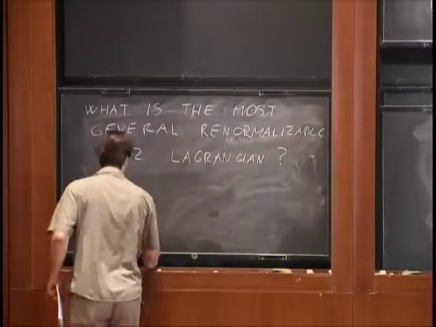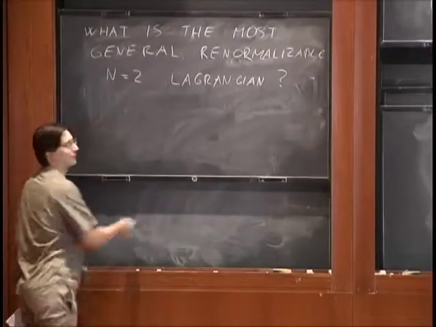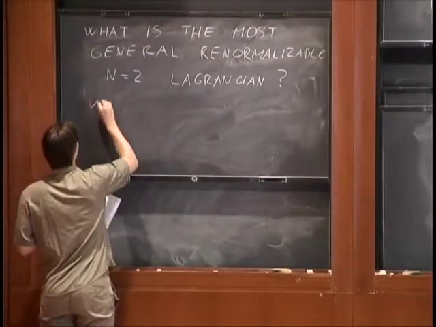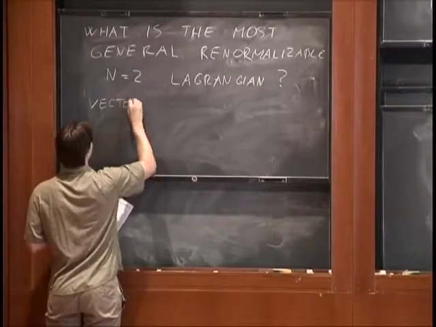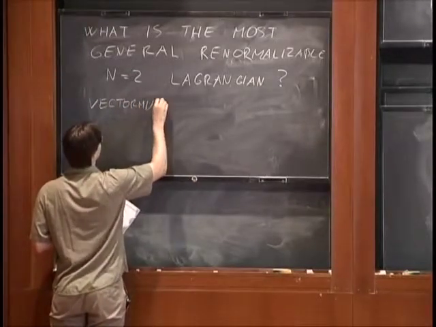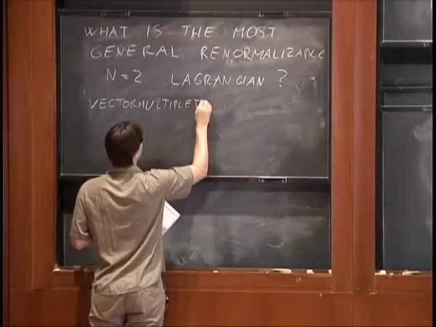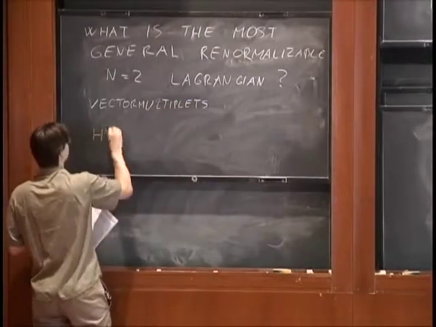You've seen what the basic degrees of freedom are that you can find in an n=2 theory. There are vector multiplets and hypermultiplets.